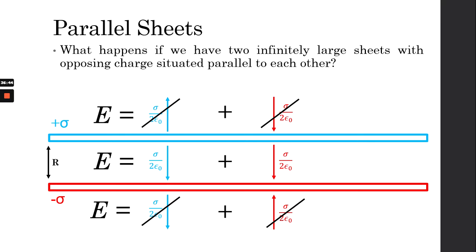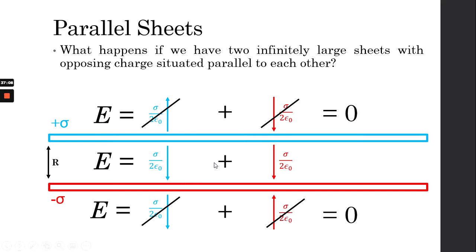So the only electric field available for a parallel charge sheet is the one found in the middle. And that makes sense because the direction of the electric field in between these two is going in the same direction. They're both going from the positive to the negative.